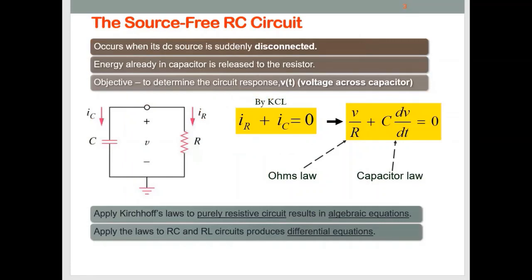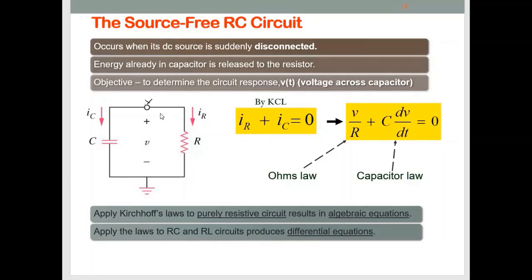Okay, we go to the first subtopic, source free RC circuits. This is the basic figure of source free RC. If you can see here, there are only two components, R and C. If we take the node here, we can see the currents exiting this node, IC and IR.